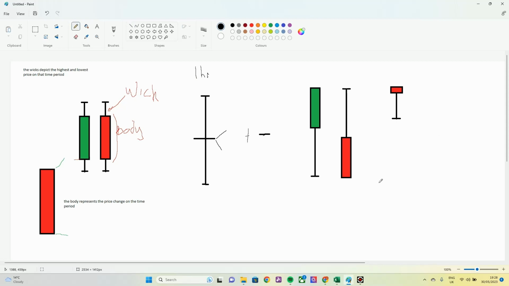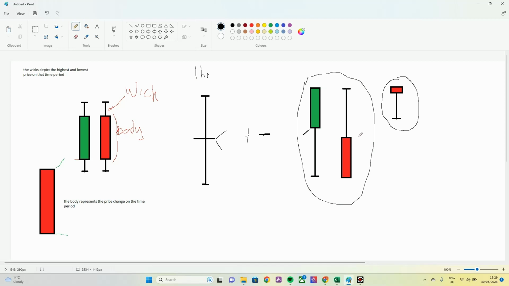Now for these next ones, there is no secret about these whatsoever. These are just different examples of what candles could potentially look like. Now with this one, again, you know it's green, so it starts at the bottom. Price has probably gone all the way down and then got up again.